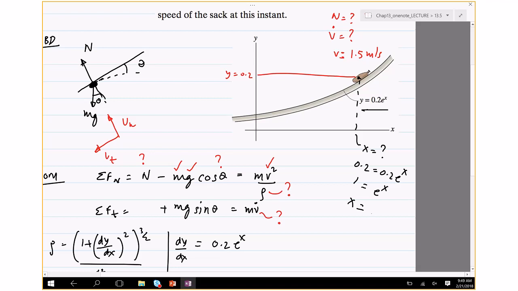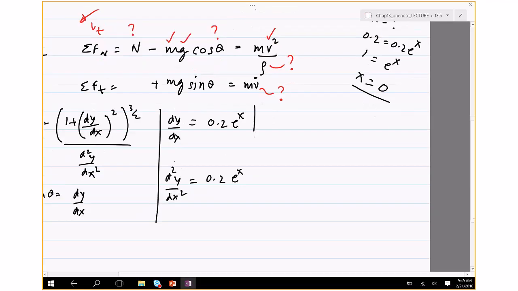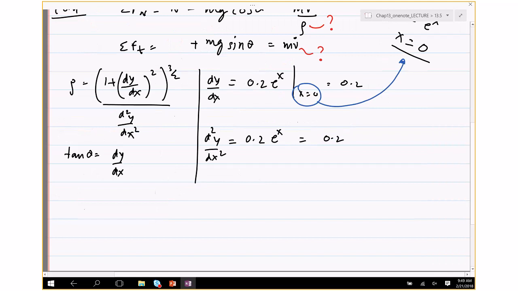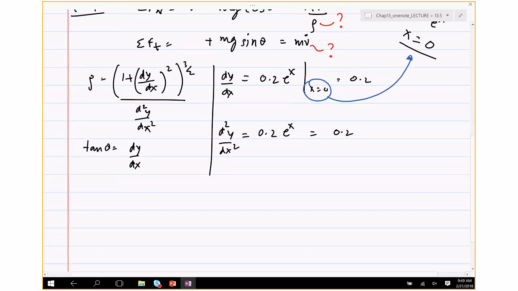So x equals 0. Okay, this comes from here. I'm almost done. I'll let you go. Now we know dy/dx and d squared y by dx squared, so I can find rho.